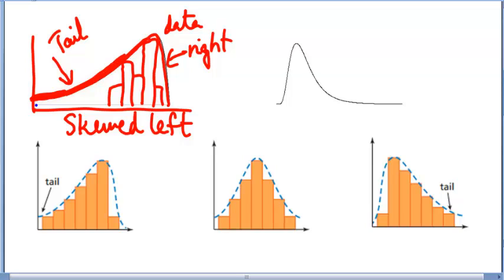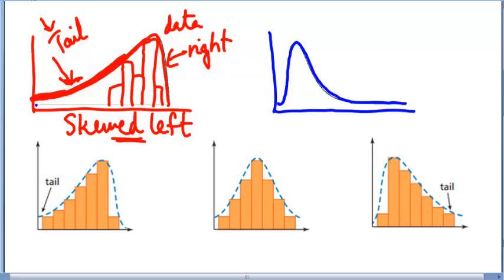Or think about it this way: wherever the tail is, that's the direction of the skew. The tail here is on the left, so we say it's skewed left. Let's take a look at this one. This is the graph and this is the bell curve.